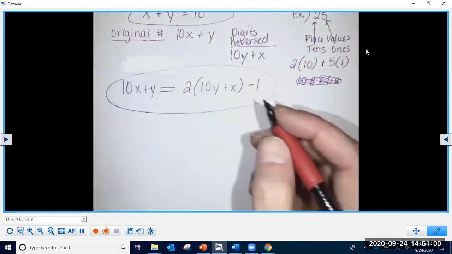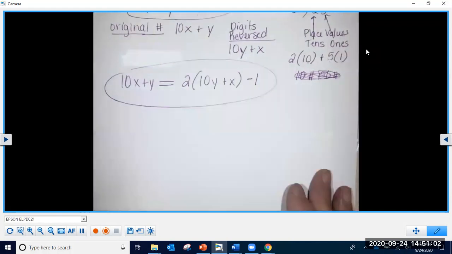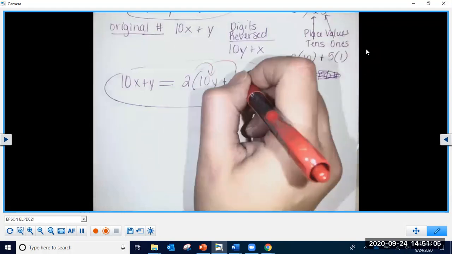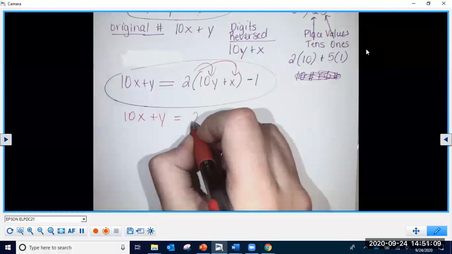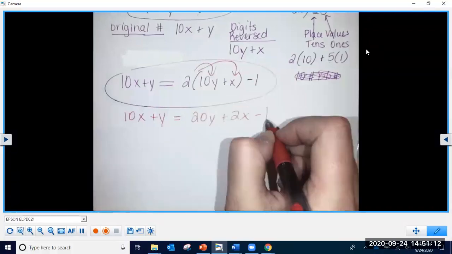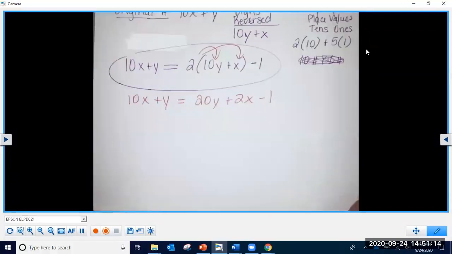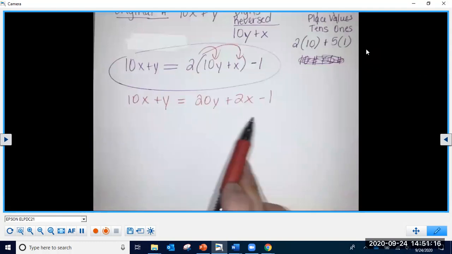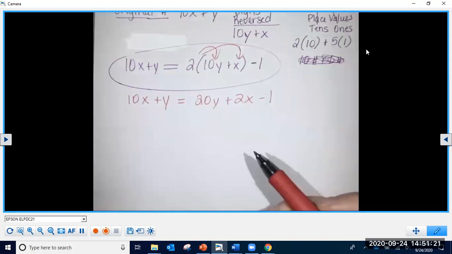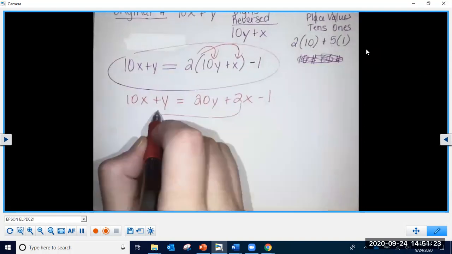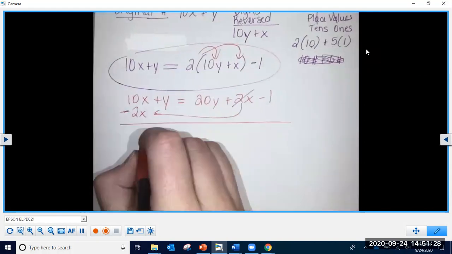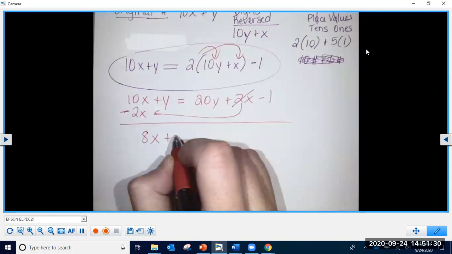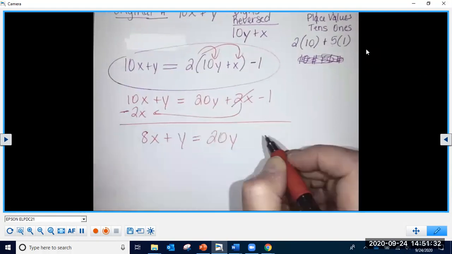So we've got the x plus y equals 10. Let's go ahead and distribute 2. So we got 10x plus y on this side equals 20y plus 2x minus 1. And let's get all our variables together that we can. Since that other equation has x and y on one side, I'm going to subtract 2x and then have 8x plus y equals 20y minus 1.